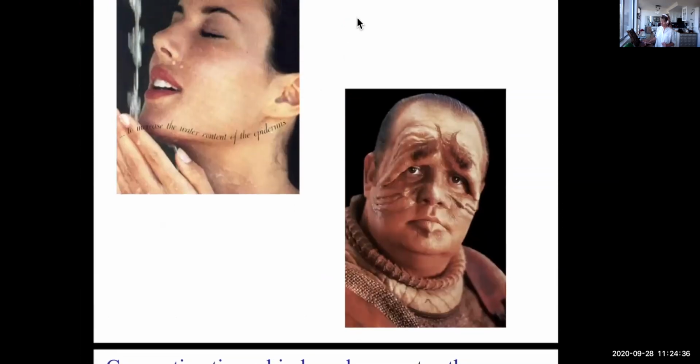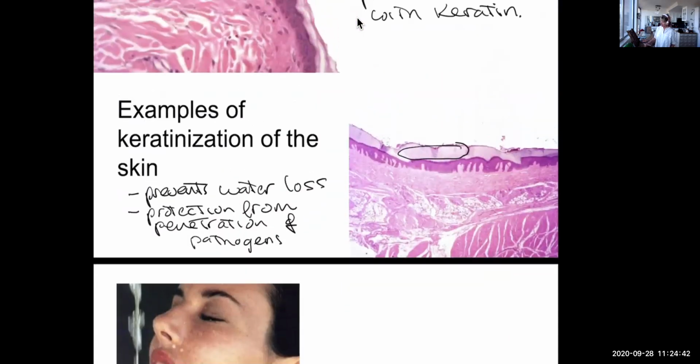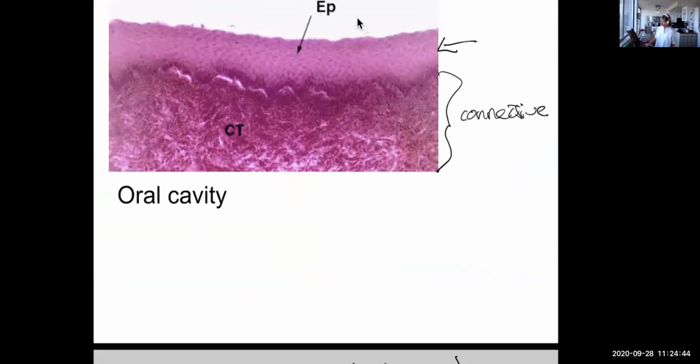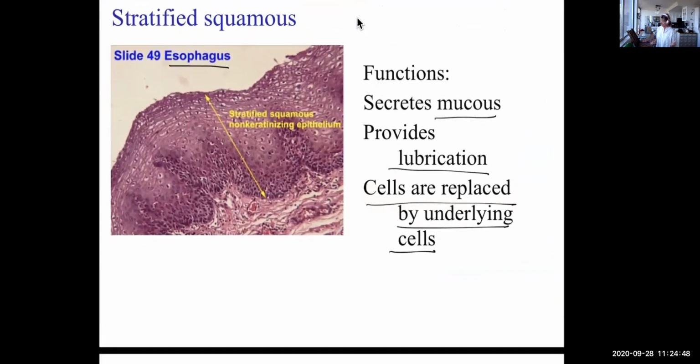Okay, good. That brings us to the end of epithelial tissue. Oh, I didn't say, where do you find stratified squamous? We didn't say where you found stratified squamous, so we have to say that. The tongue, for example, because your tongue is constantly being abraded by food.